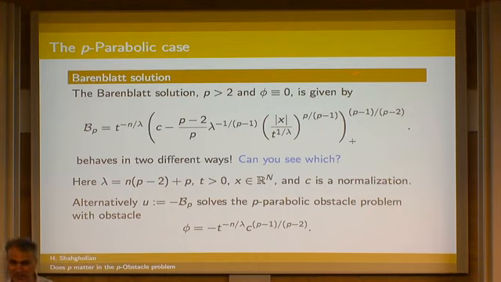It means it has a regularity of power p over p minus 1. So there are two powers here, already in the Barenblatt solution. And you can see this as an obstacle. One behavior is this, the second behavior is this. And this is the obstacle for the second one. If you put x to 0, this is what you get.